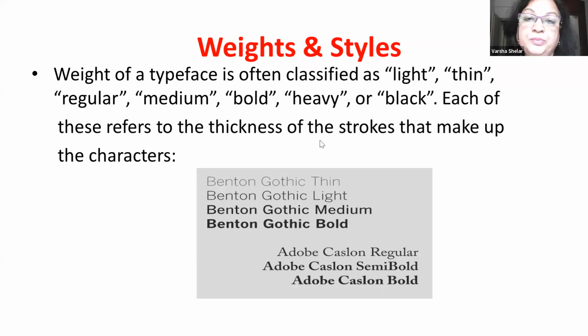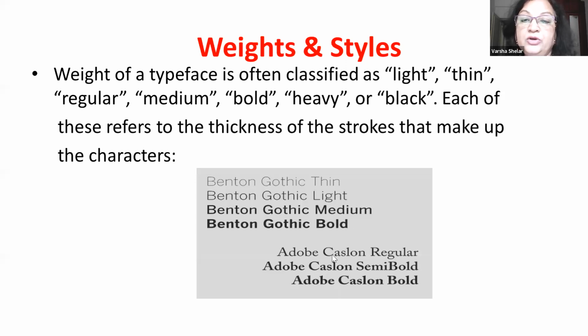You see the top is Benton Gothic thin. The second is Benton Gothic light. Depending on the typeface, they may use different terminology. I could even say this second one could be regular, since there is no regular version. Then Benton Gothic medium and bold.